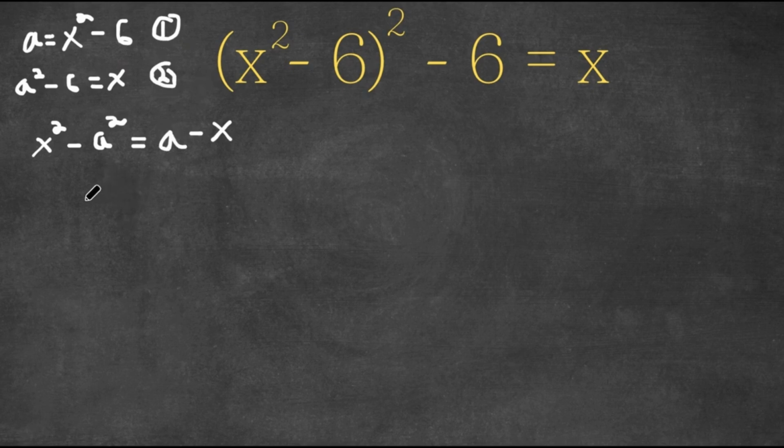If we have something in the form m² − n², this can also be written as (m + n) times (m − n).